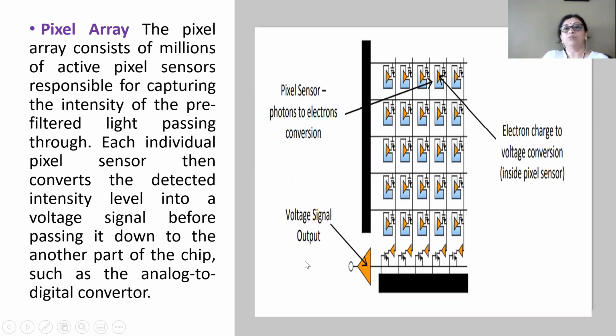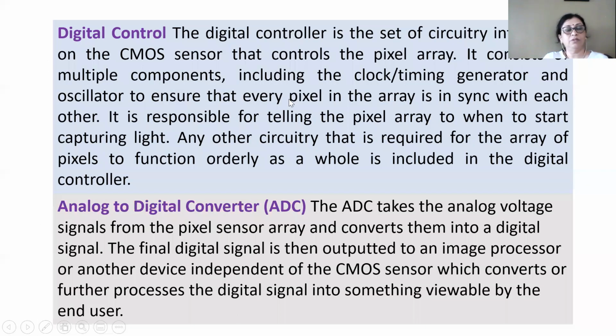Now you can see there is a horizontal shift register and a vertical shift register. Using rows and columns, the voltage is applied to the horizontal shift register, and through the horizontal shift register it is given to the analog to digital converter to immediately convert the signal into its corresponding digital value. So this is the function of the pixel array.